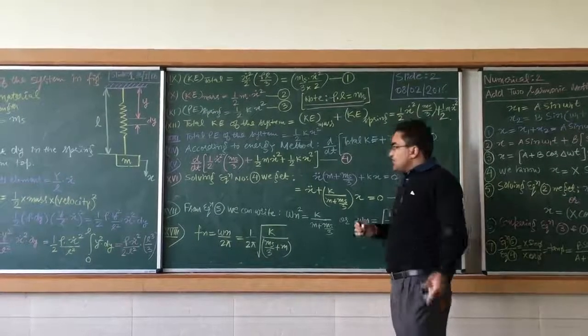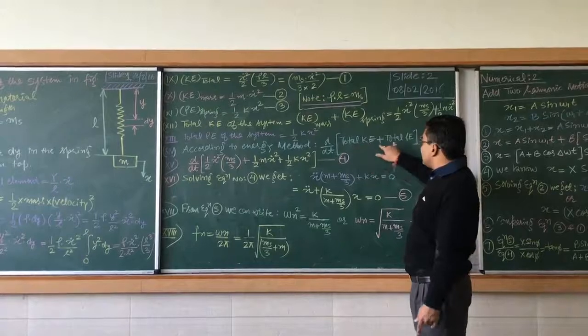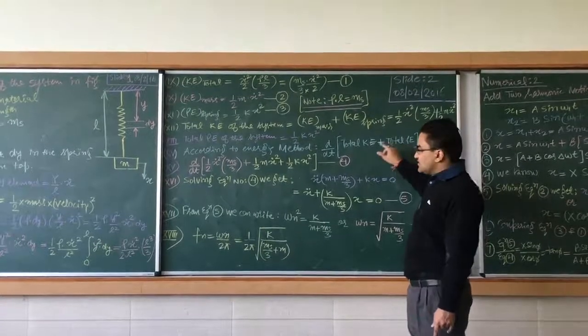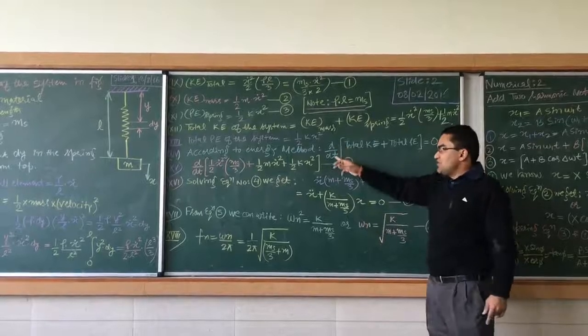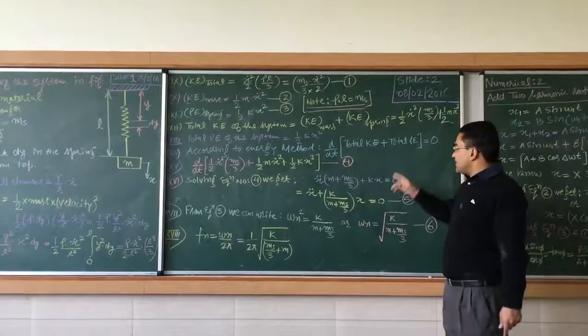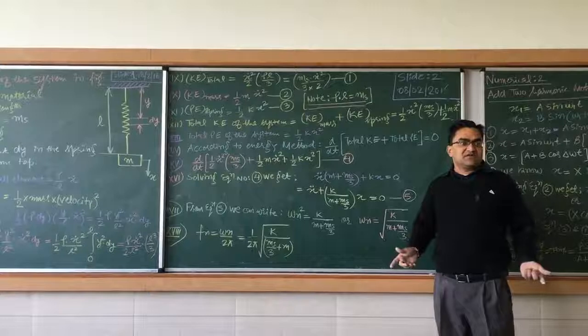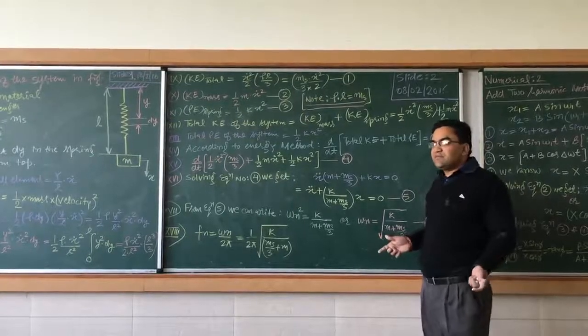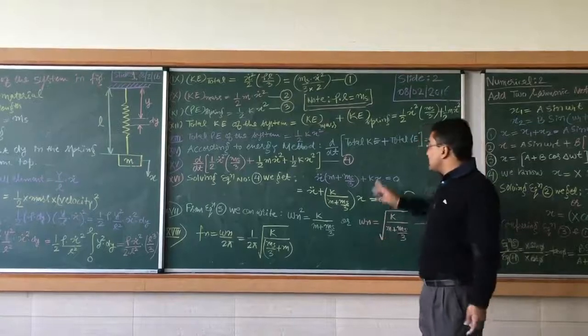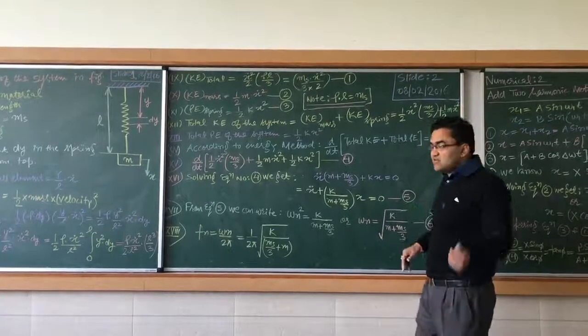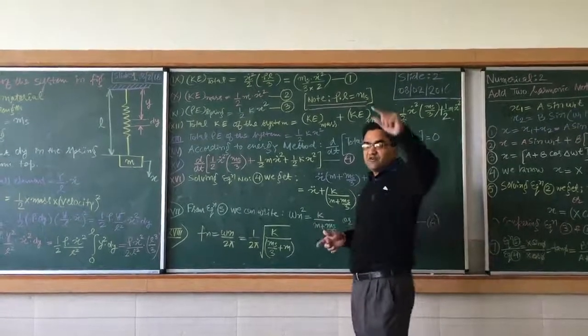So as per the energy method, the total kinetic energy plus total potential energy of the system remains constant. So since it is constant, if we differentiate it with respect to time, that will be 0, because if something is constant, it is not going to change with time. Differentiating means with respect to time. So that is why its differentiation will always be 0.